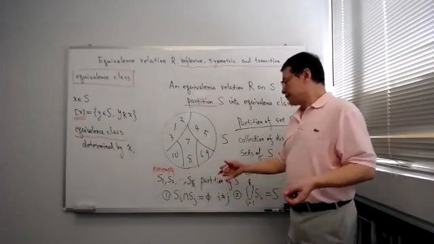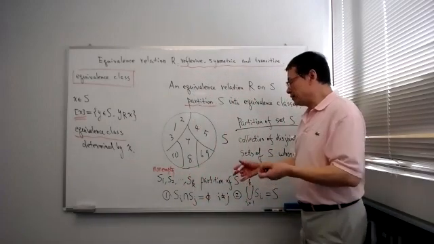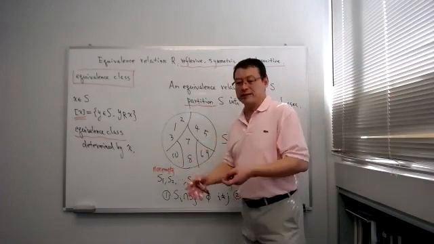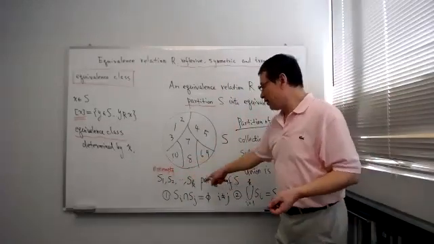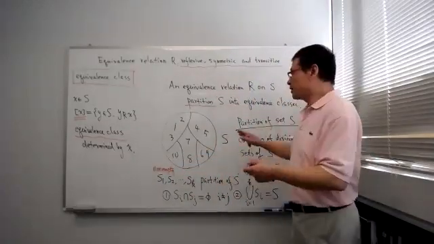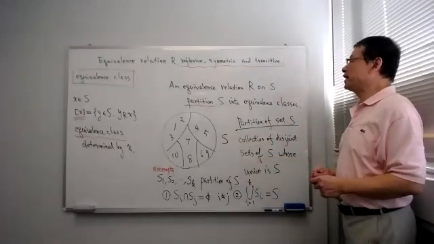Otherwise, if I allowed empty sets, that would be useless. So none of the sets is empty. That's called a partition of a set S.